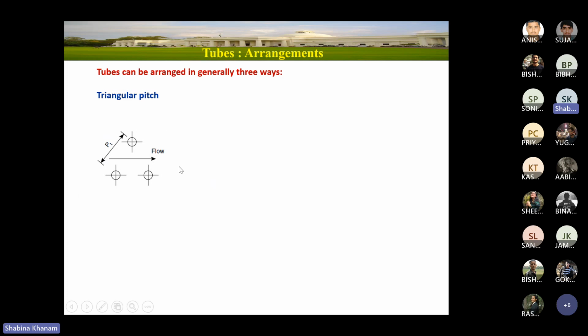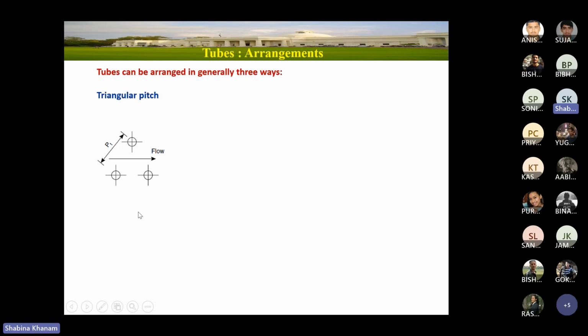Now what will happen in this triangular pitch when the fluid moves in the shell side? If fluid enters the shell side, you already know there is cross flow, co-current and counter current. If cross flow is occurring, when the fluid comes to this tube, it spreads in two ways and then follows this path.